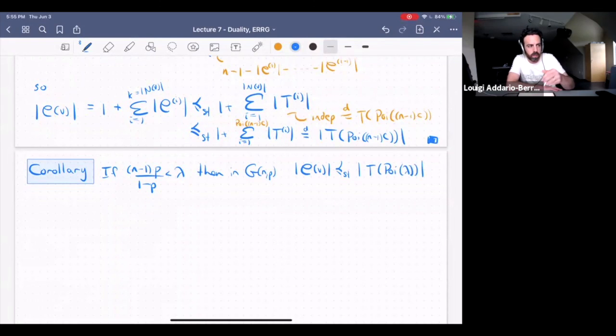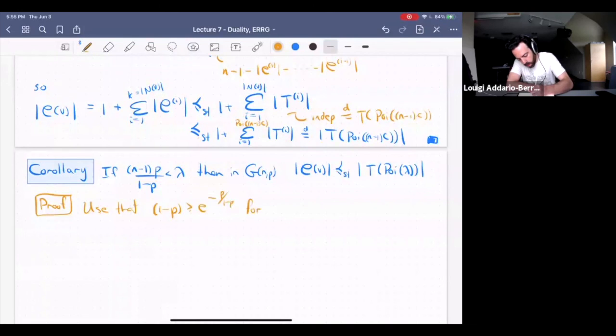Okay, and this is because to prove this, you just use that 1-p is at least e to the minus p over 1-p for p between 0 and 1, which is easy to prove from a Taylor expansion.